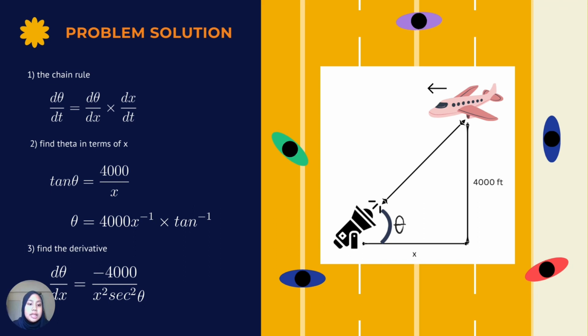So, the value of theta we got is theta equals tangent inverse of 4,000 over x. And then the next step we need to do is finding the derivative d theta over dx. So the derivative d theta over dx we got is negative 4000 divided by x squared, times secant square theta.